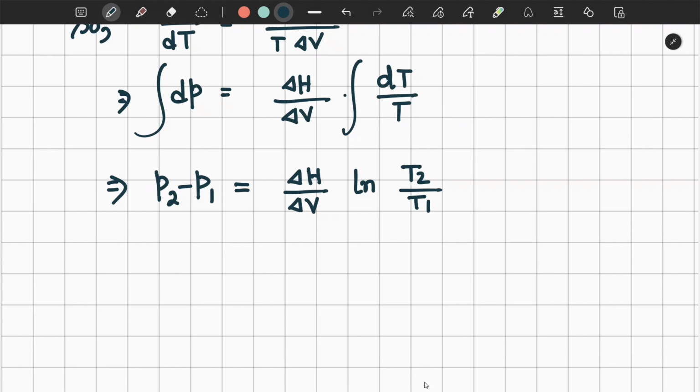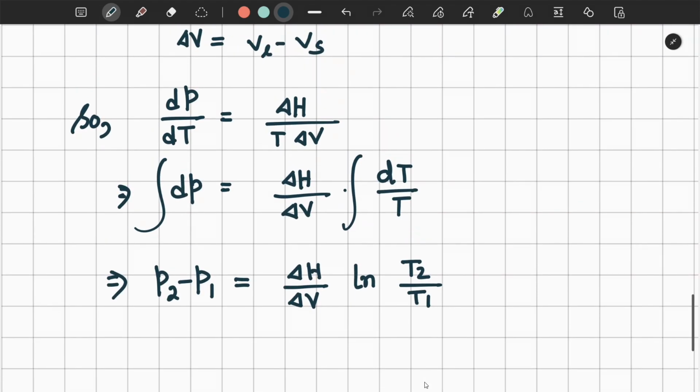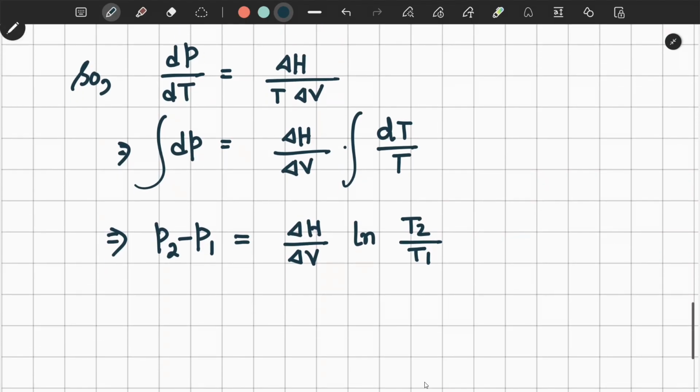If I expand the formula, the ln part, then it will be exponent. Let's say you can write P2 equals P1 plus delta P or something, whatever you want to write, but this depends on whether T2 by T1 is very small.